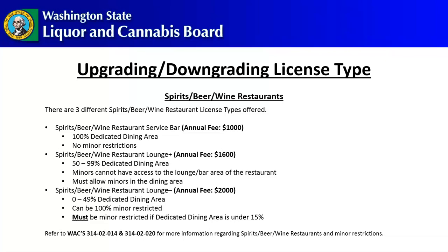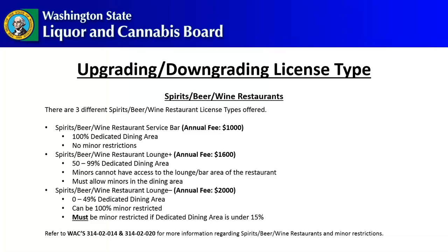The Lounge Minus license is very similar to the Lounge Plus license. However, it requires less than 50% dedicated dining, and you have the option to voluntarily restrict minors, which would mean you have 0% dedicated dining.